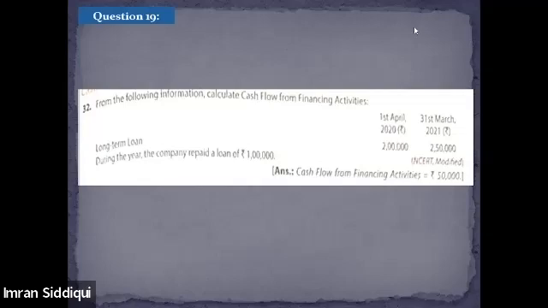Only then you will be able to determine how much amount we have paid as a loan and what amount we are raising as a long-term loan. Kindly prepare a long-term loan account, and then only try figuring out the cash flow from financing activity. As a working note, prepare the long-term loan account.